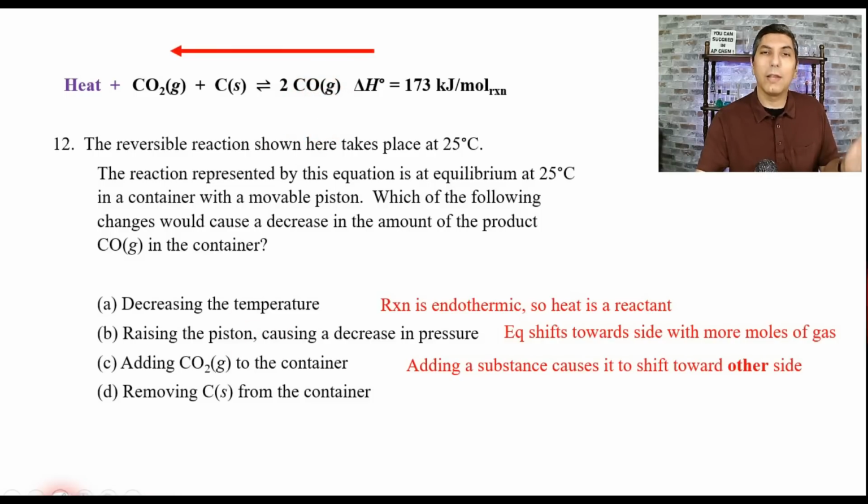And so that's why the answer is not choice C. Well, how about choice D? What about removing carbon solid from the container? Well, the fact is, solids do not have any effect on equilibrium. So we can remove the solid carbon, and it's not really going to have any effect on equilibrium. So that's why the answer is choice A for question 12.